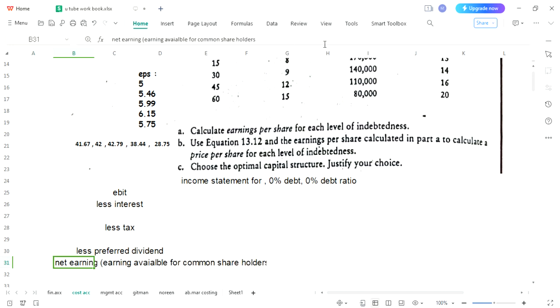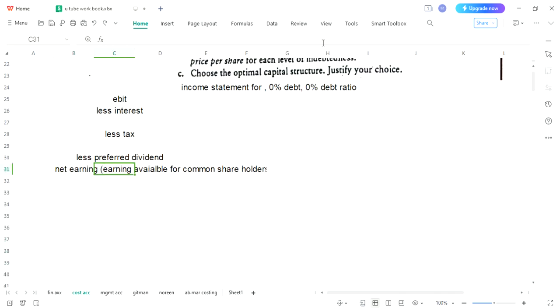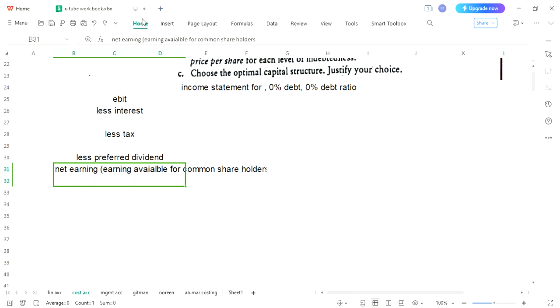Actually, I am willing to make it in one single cell, so it's not looking good. Okay, one more thing we can do. Let's try to make it at one place. That could work. Let's wrap it.